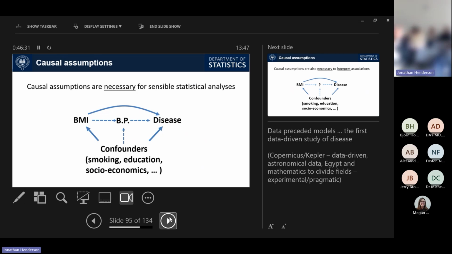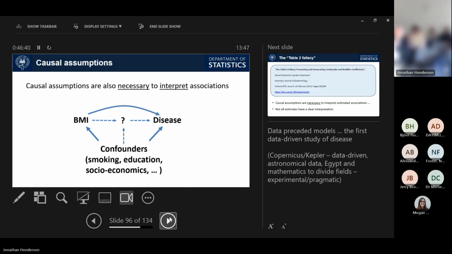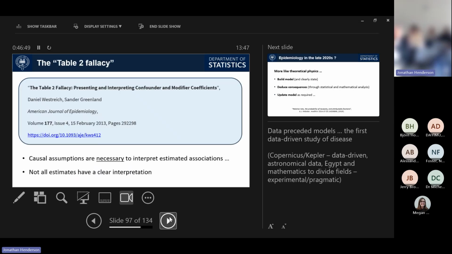So what I'm saying is that you need to make a decision at the outset as to what you think is happening to set up a sensible analysis. And this holds even if you're trying to interpret an analysis. There's a paper that I'll refer you to. It's been around since at least 2013.